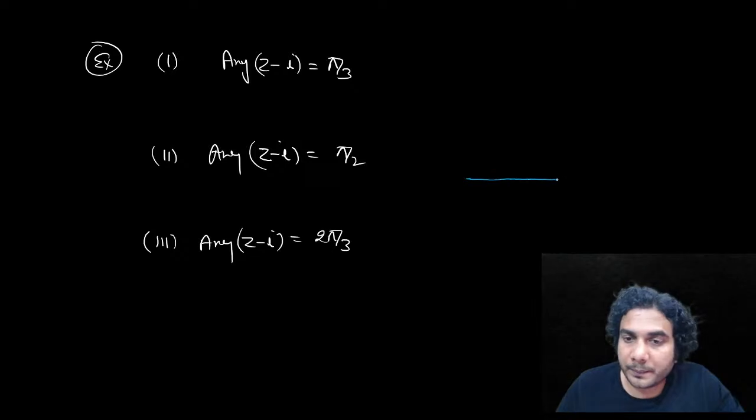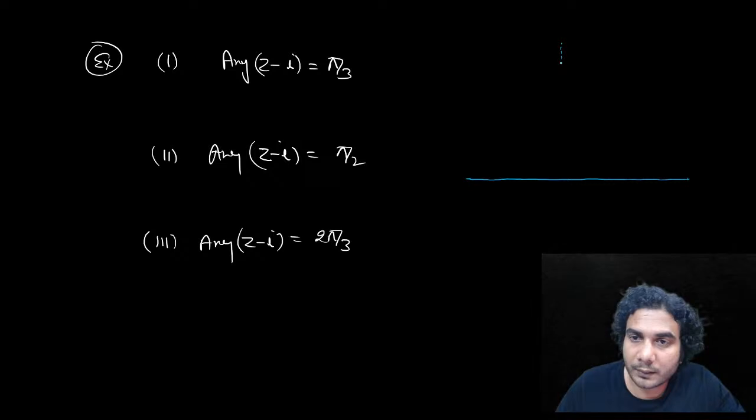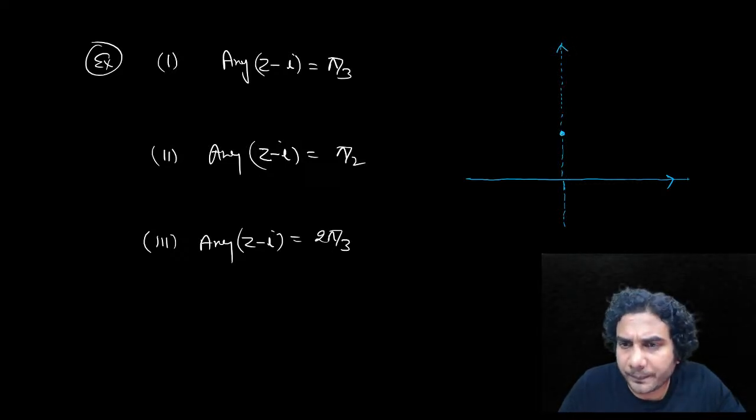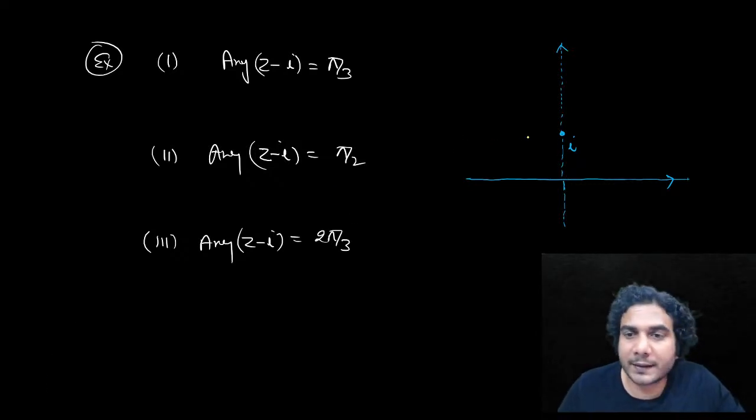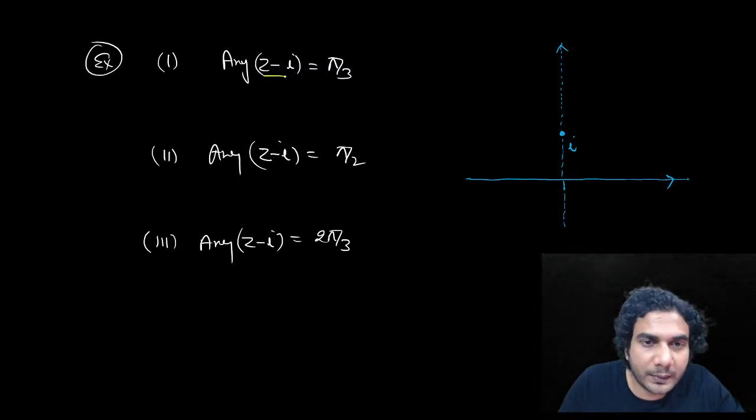So this is the real and imaginary axes. Here is your iota. So the first line which you need to plot is z minus i.